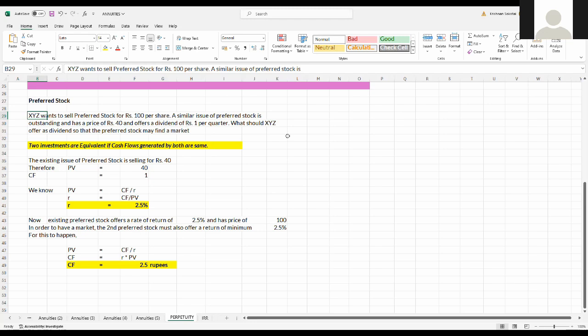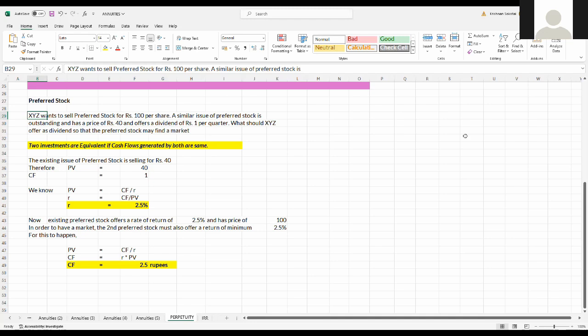Now the question is, what should XYZ offer as dividend so that the preferred stock may find a market? That is the second preferred stock being sold by XYZ.